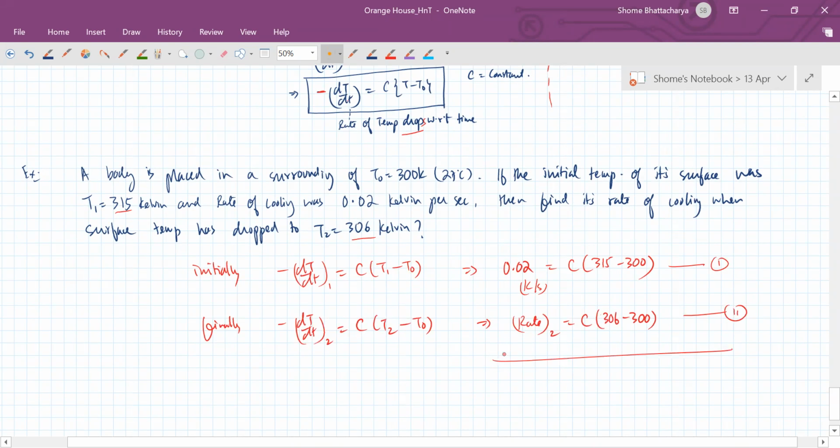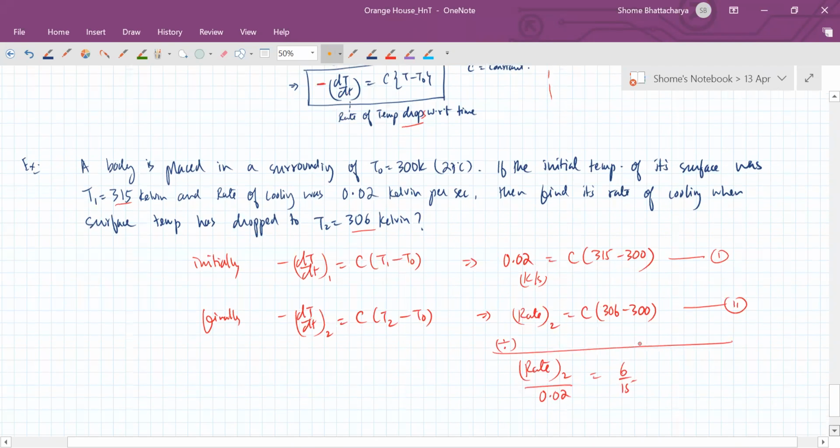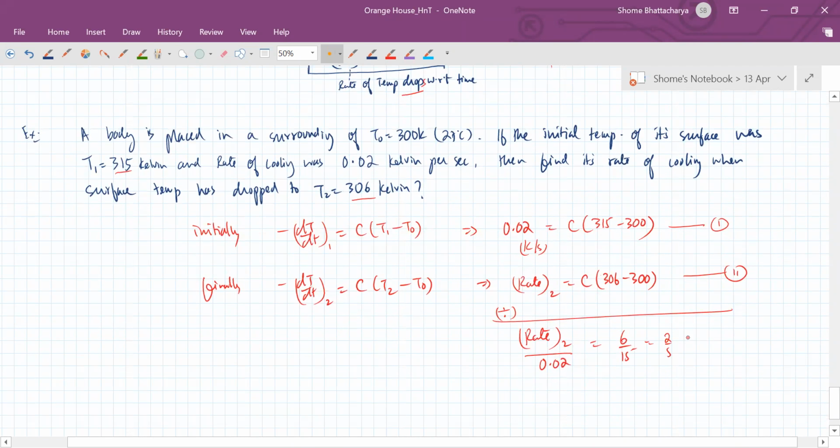If we just divide the two, we can see that the rate in the second case divided by the rate in the first case is equal to 6 divided by 15, or 2 by 5, or 0.4. So the rate in the second case will be 0.02 into 0.4. So that is 0.008 Kelvin per second.